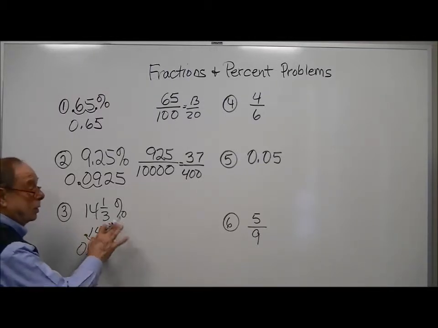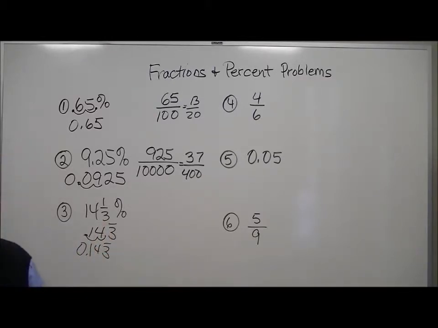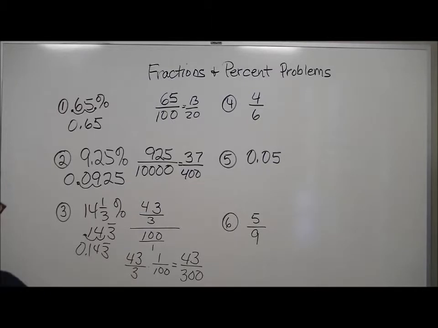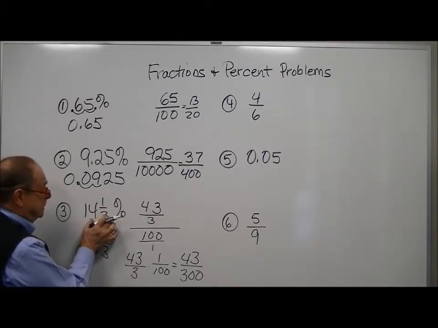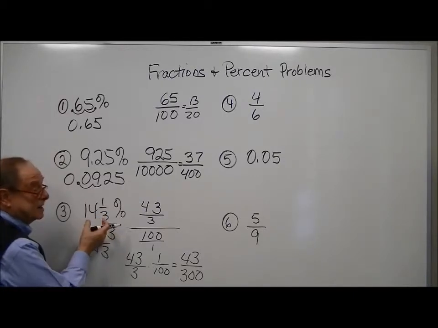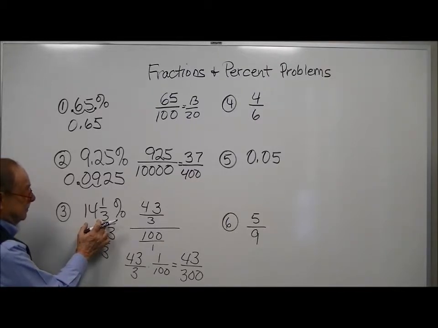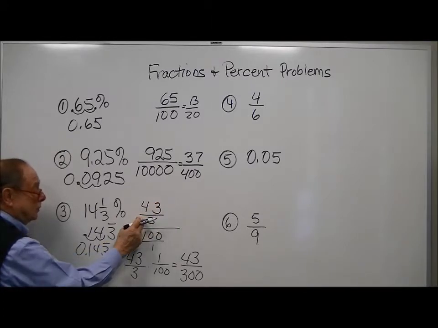But now to put it into a fraction form, that's a little more challenging. In fact, I will work it out for you because it takes a while, and I'll get back. So the basic procedure is to convert this mixed number to an improper fraction. So it becomes 3 times 14, which is 42, add 1, gives you 43 over 3.